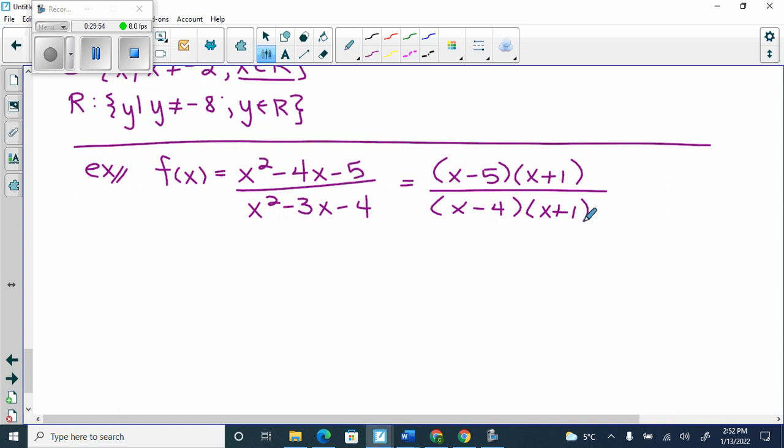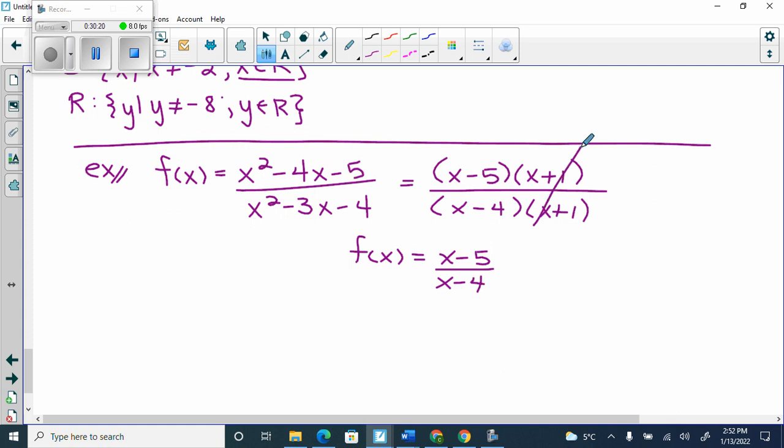So it factors, and what's going to happen? The x plus 1s are going to cross off. And the moment that something crosses off, what do I have? Did the denominator fully go away though? No. Watch this. So I'm going to have f of x equals x minus 5 over x minus 4 technically left over once these go away.